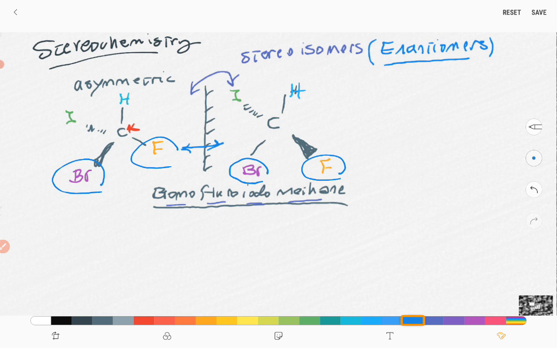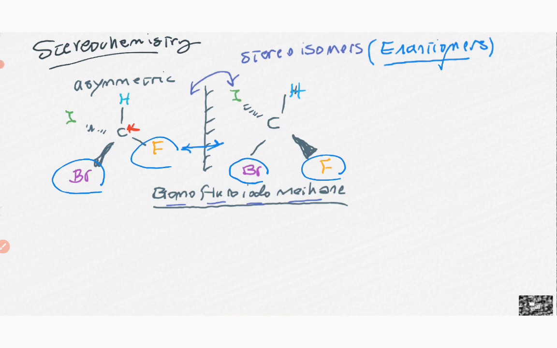So you have two isomers that are similar in all ways, but in the position of the atoms in the molecules they are different, and we call them enantiomers.